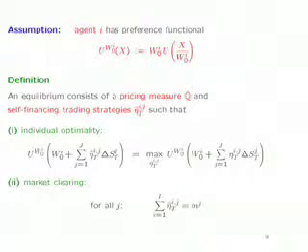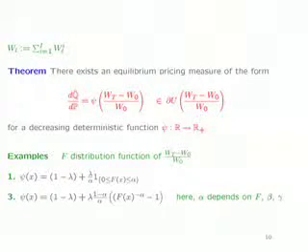So demand equals supply. Since I have this structure in the preference, it's not too hard to show that an equilibrium exists. The equilibrium will be of the following form. You sum up the endowments of all the agents and call it the market endowment, WT.